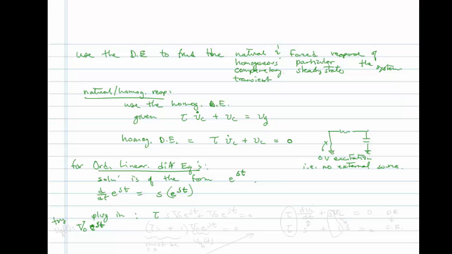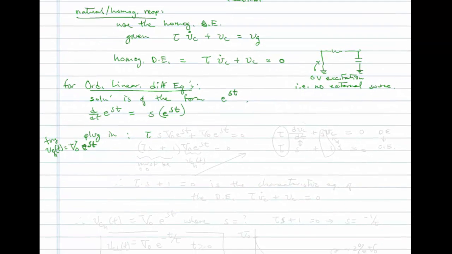So we'll say try VC, I'll say VC sub H, for homogeneous. When we plug that in, we'll take the derivative, and we'll get tau s V0 e to the st plus V0 e to the st is equal to 0. We can pull out the V0 e to the st, and the remaining quantity times it is equal to 0.